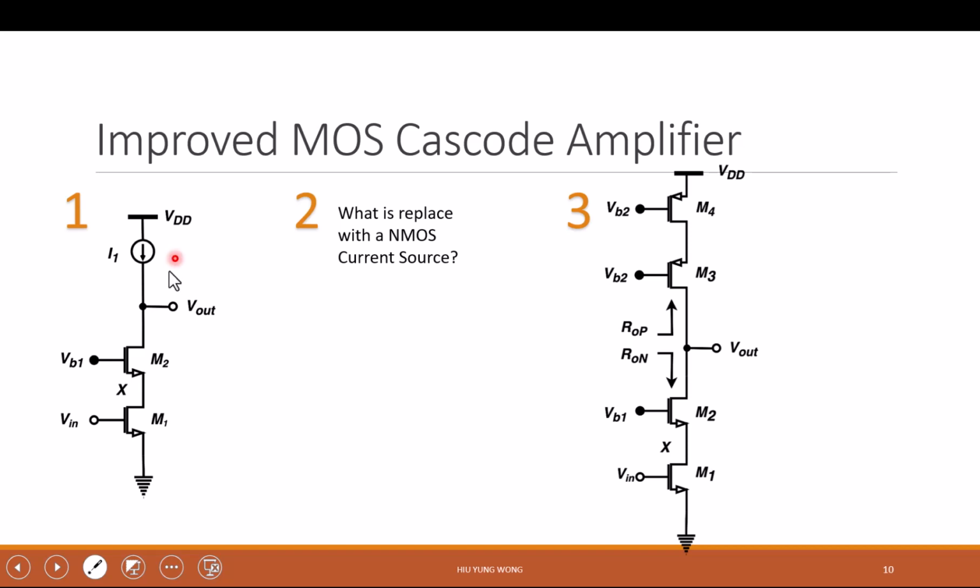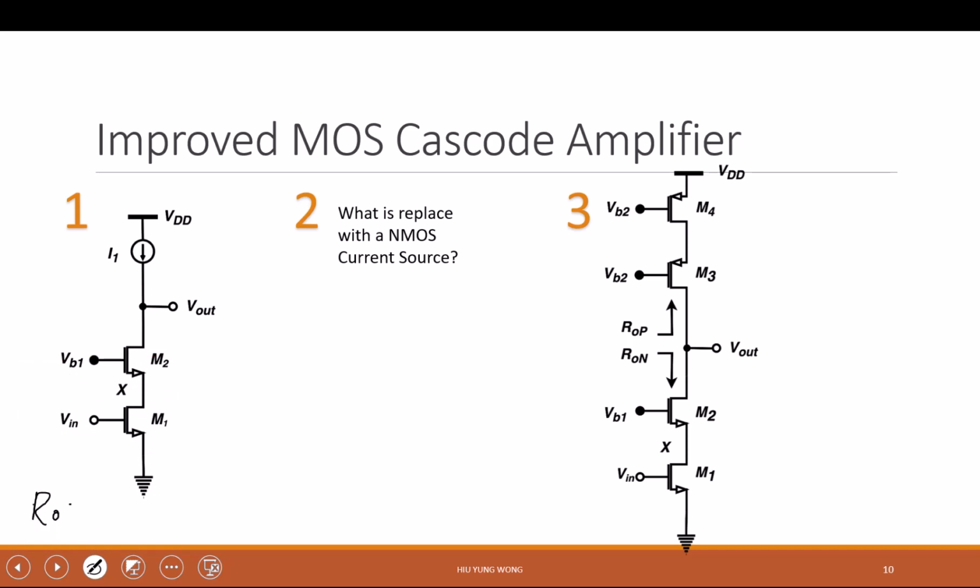The problem is, how do I implement this current source? For the left one, I already said the gain equals to, maybe I'm not going to talk about the gain. Let me only talk about the output.